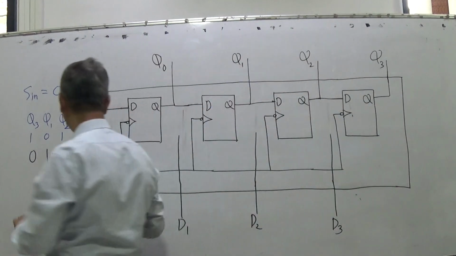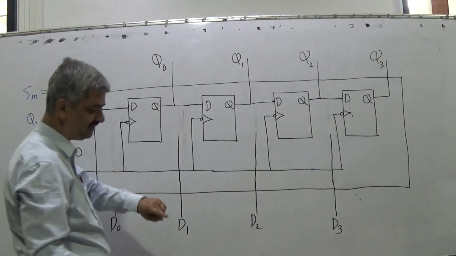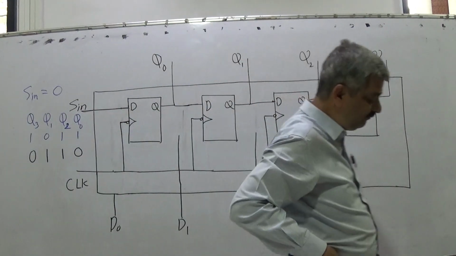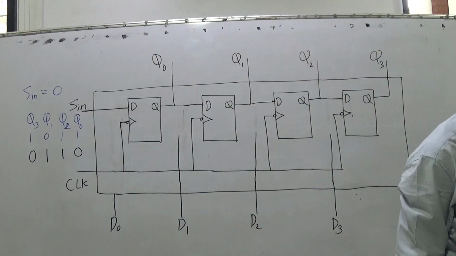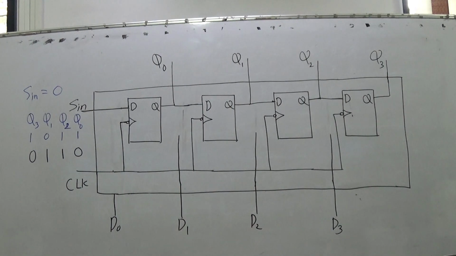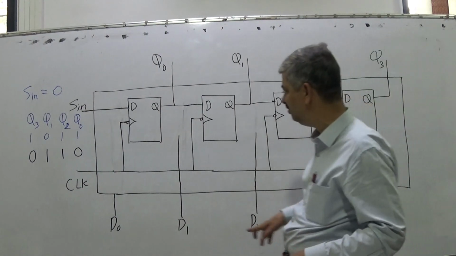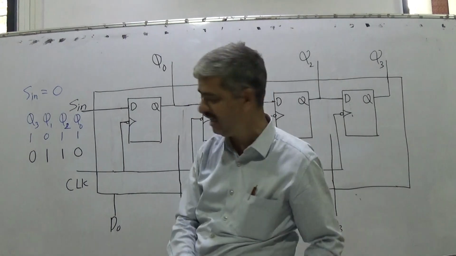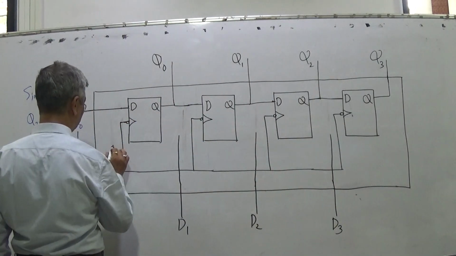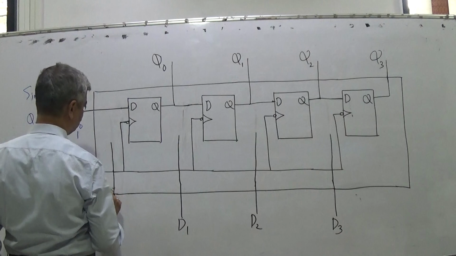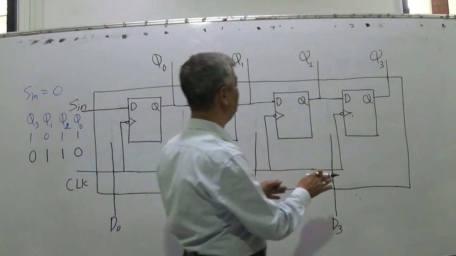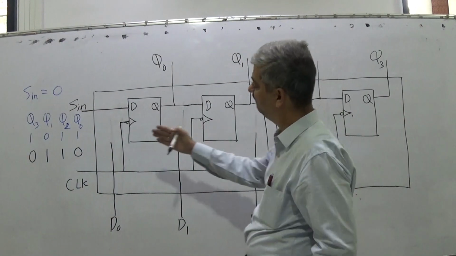Now I want both things. Previously, I showed the case where all D inputs are available outside. When all D inputs are available outside, what is going to happen?